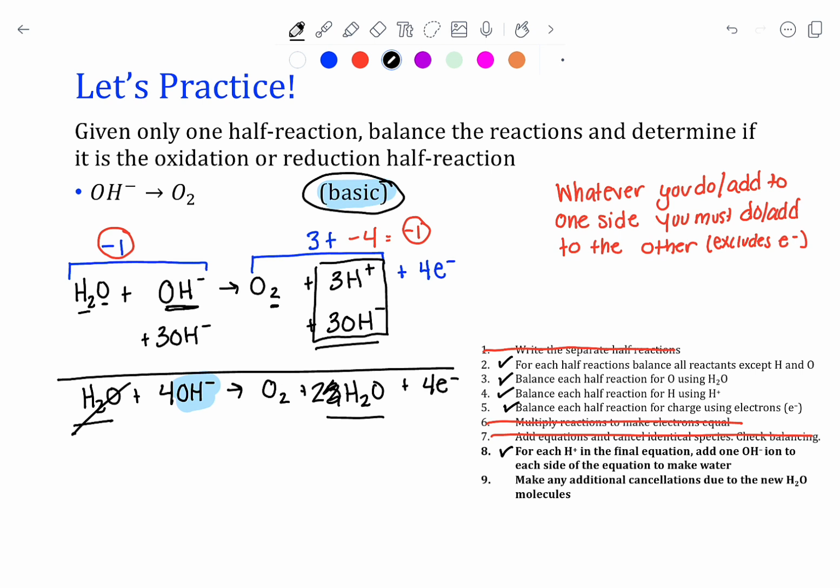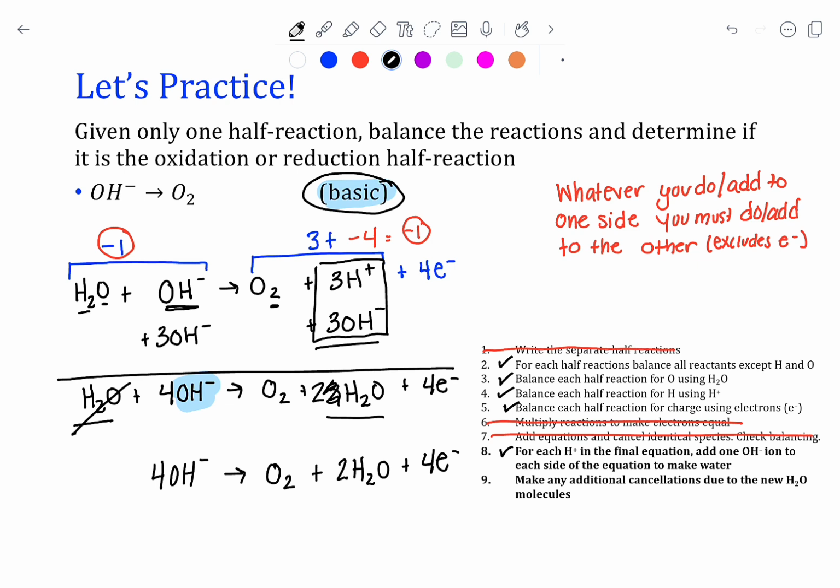I just subtracted that H2O out. So we have 4 OH- turning into O2 plus 2 H2O plus 4 electrons. And that is our balanced half reaction.